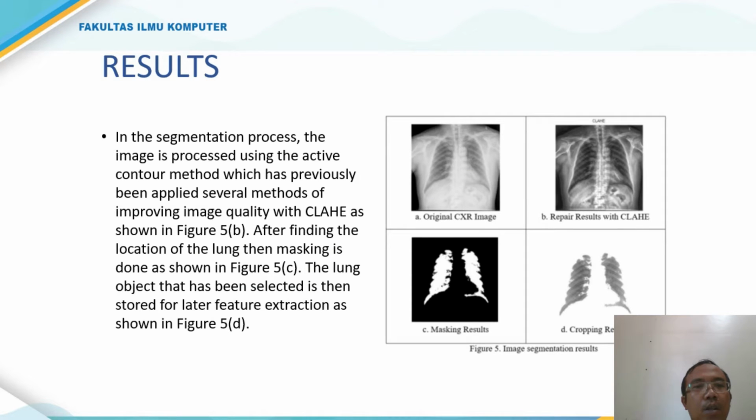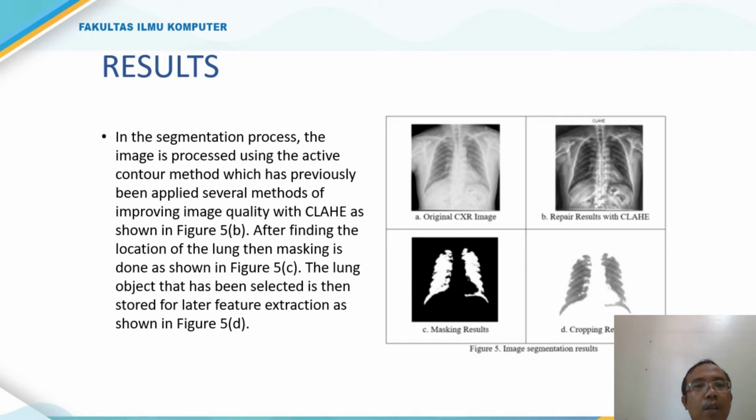Results. In the segmentation process, the image is processed using the active contour method, after several methods of improving image quality have previously been applied, as shown in figure 5b.